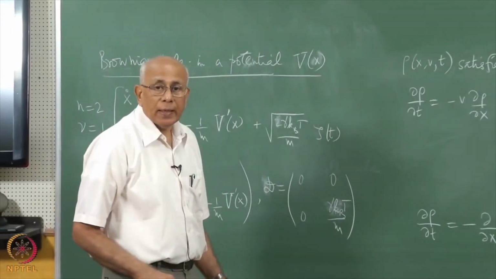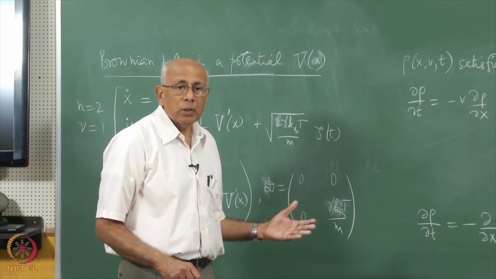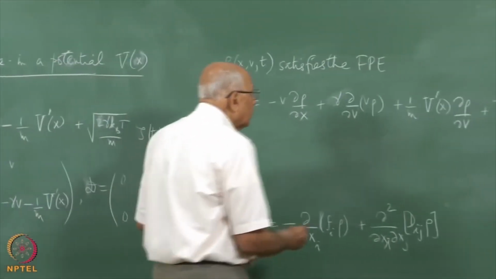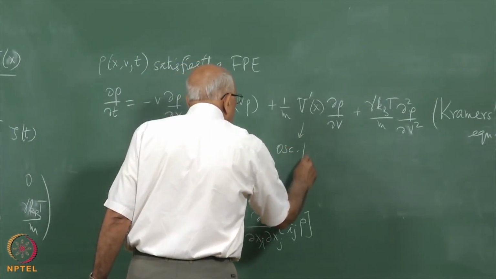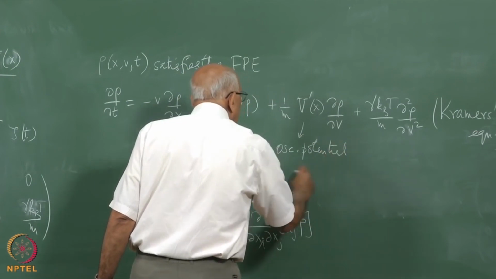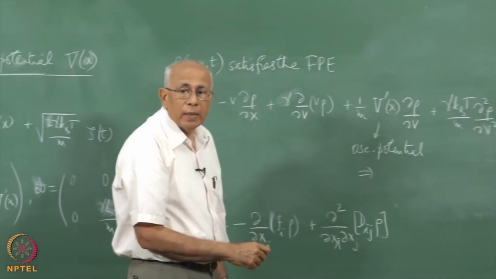Now, of course, you can recognize the oscillator case very trivially, because the oscillator case goes back to the old problem. So, if the oscillator case potential implies that this term is m omega naught squared x.